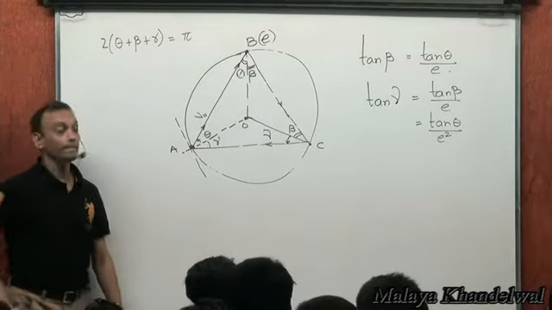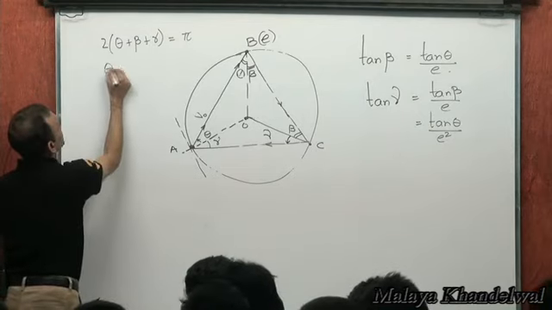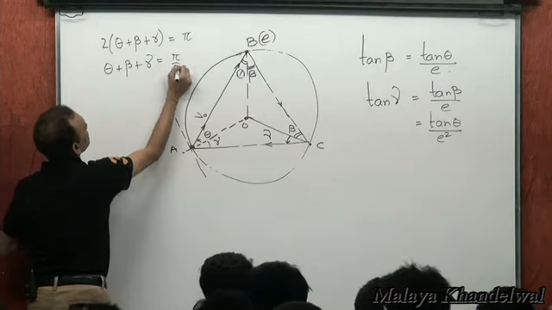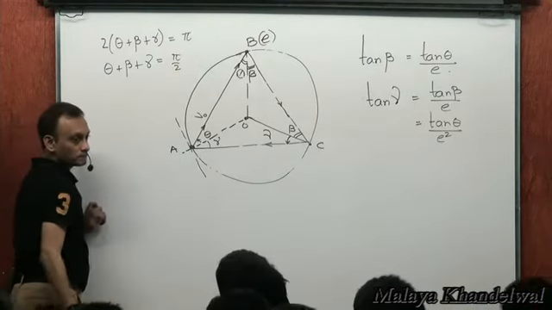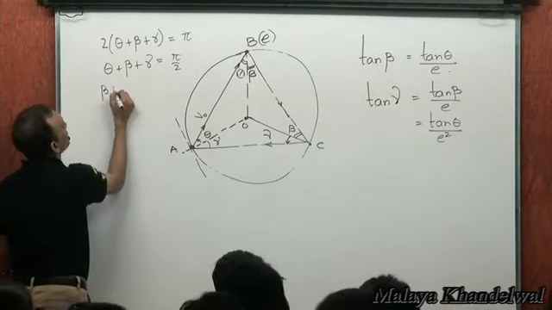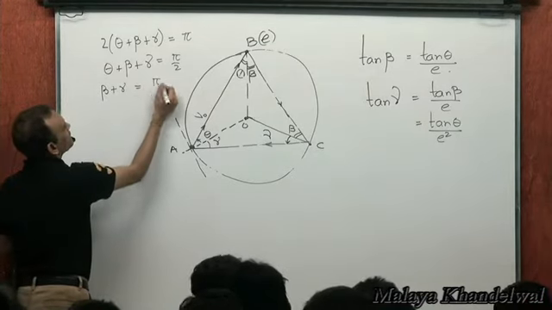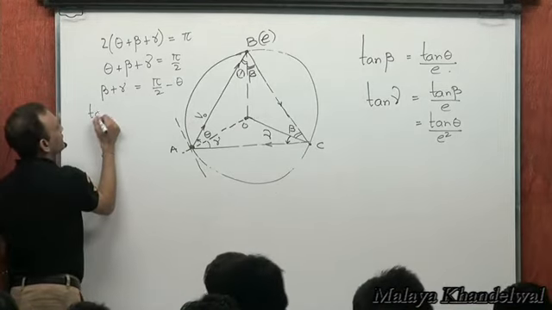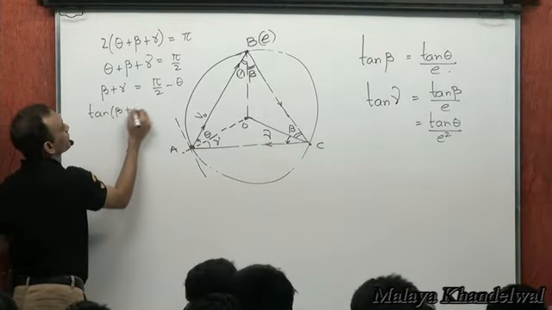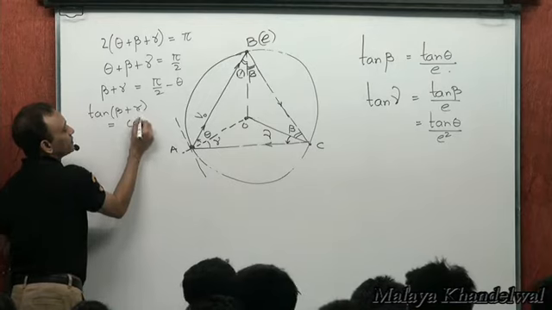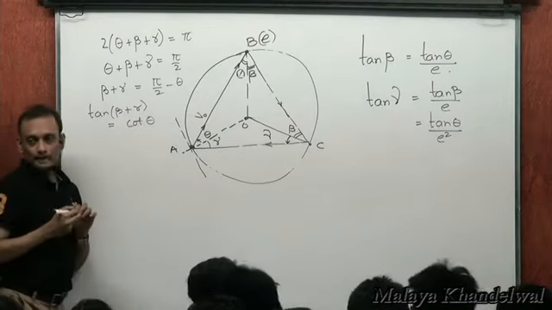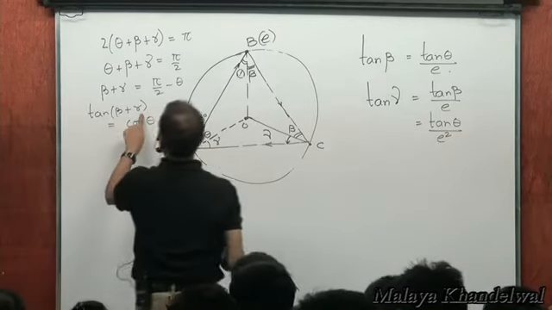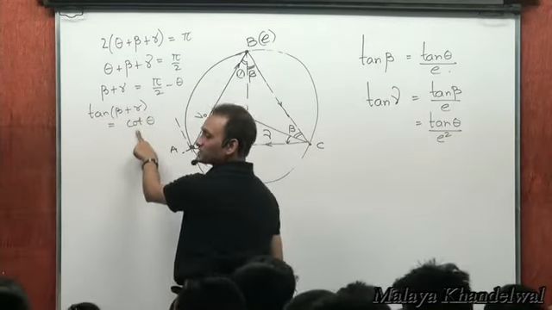That means theta plus beta plus gamma must be 90 degrees, or beta plus gamma must be 90 minus theta, or tan of beta plus gamma must be cot theta, taking tan of both sides. And then I can expand this as tan beta plus tan gamma by 1 minus tan beta tan gamma.